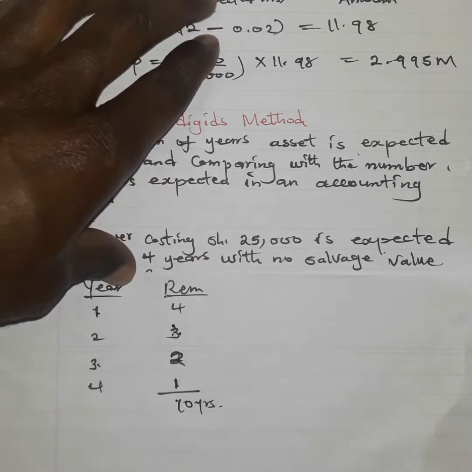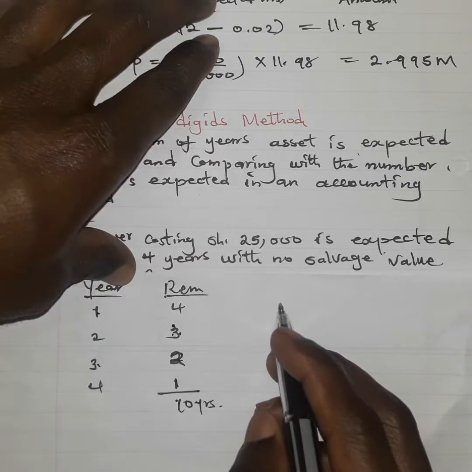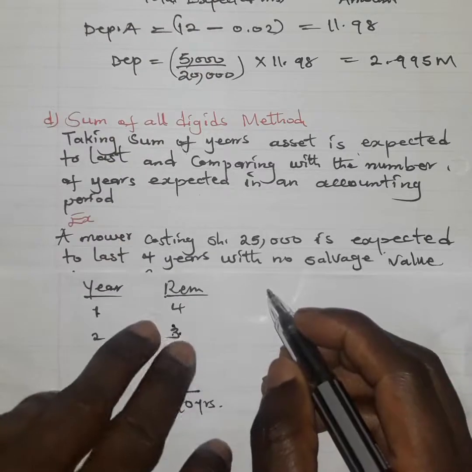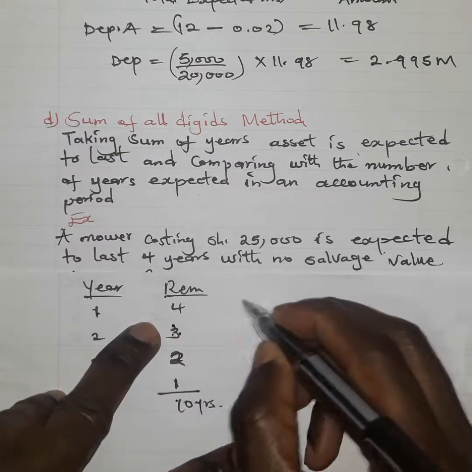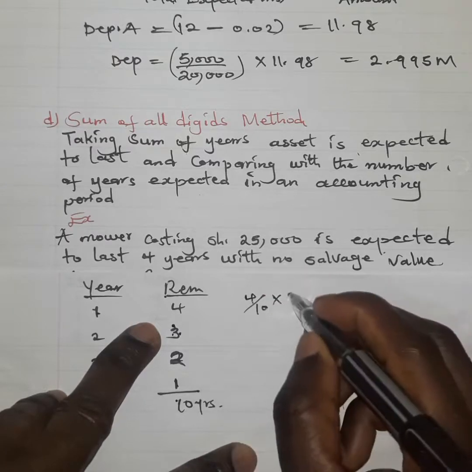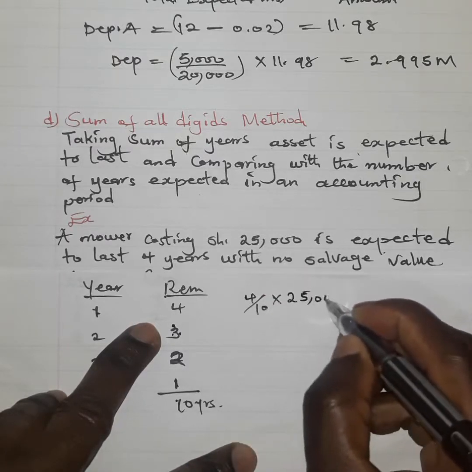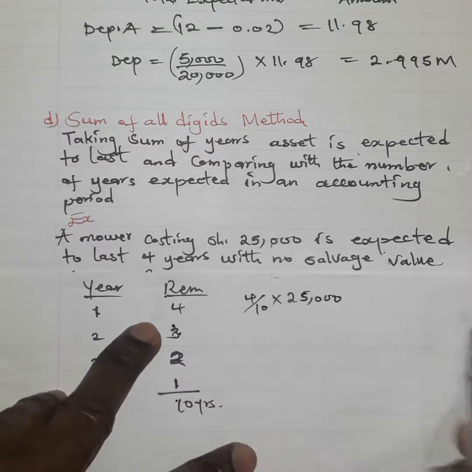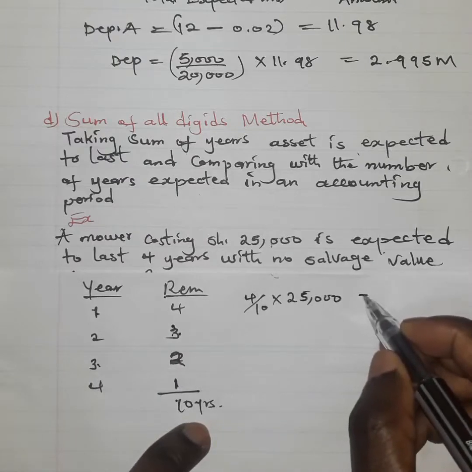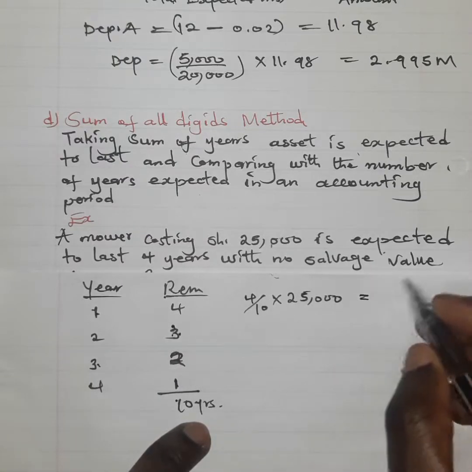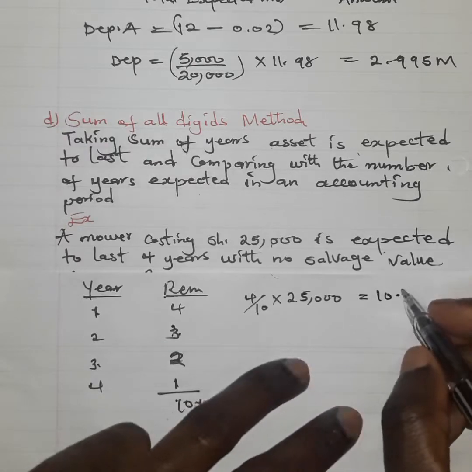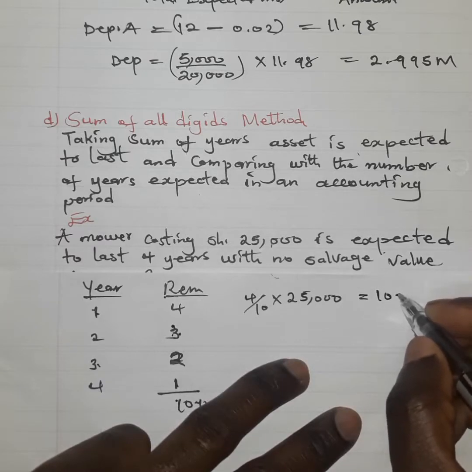Now, for us to get what is supposed to be charged in the first year, it is 4 over 10 times 25,000, because there is no salvage value, so we simply use that value and we get an amount of 10,000.